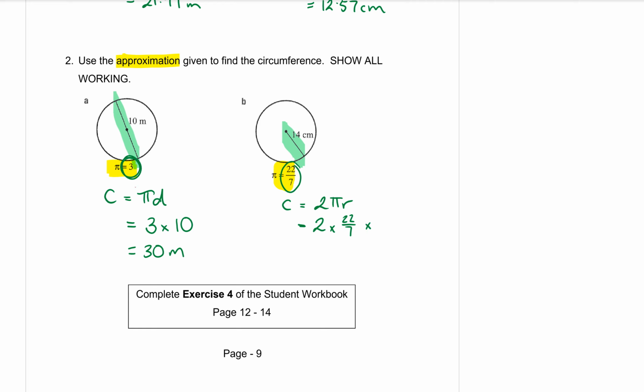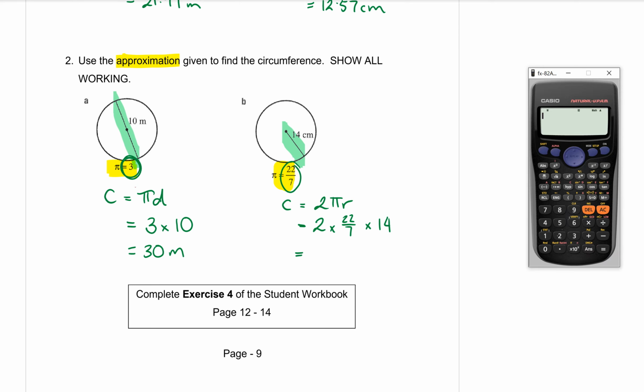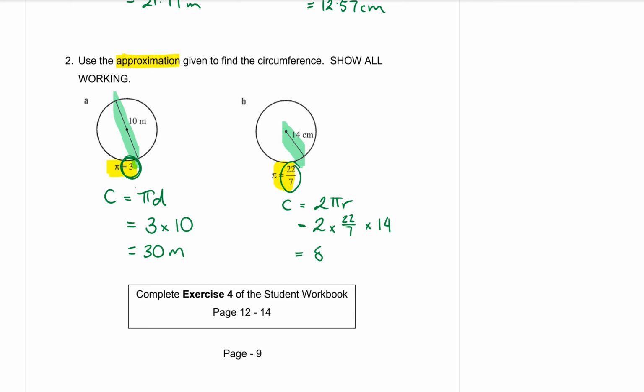We also need the radius, which is 14. And then you can just type all of that in your calculator. So 2 times, press your fraction button, 22/7, use the cross arrow to make sure your cursor goes to the end, times by 14 equals 88 centimeters.